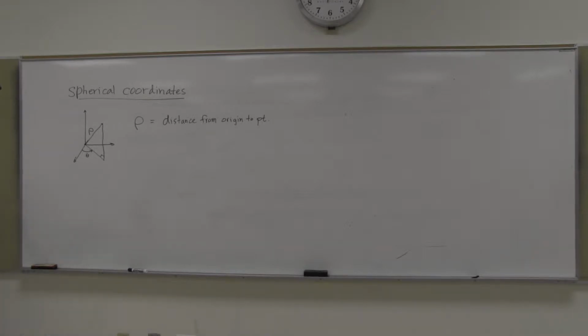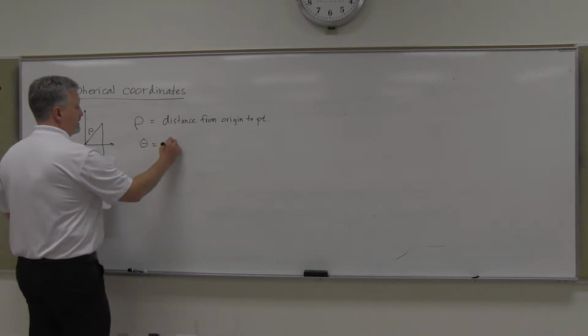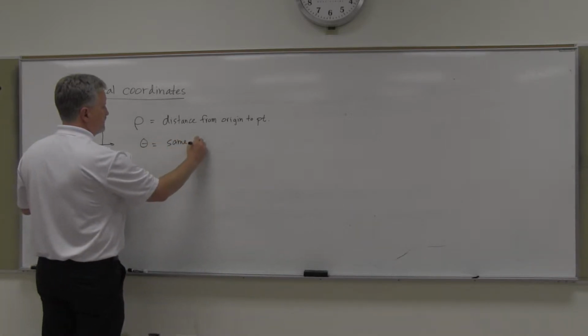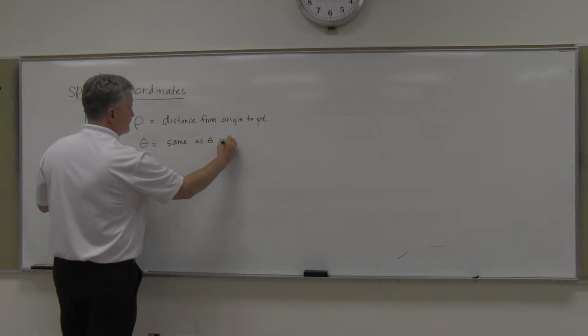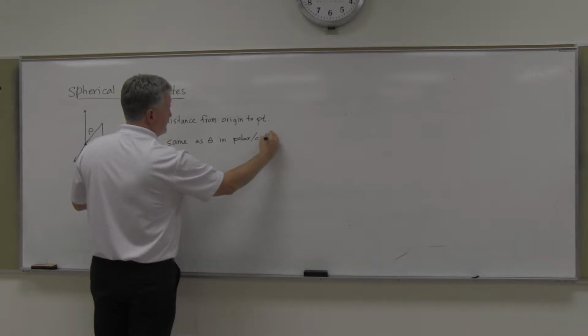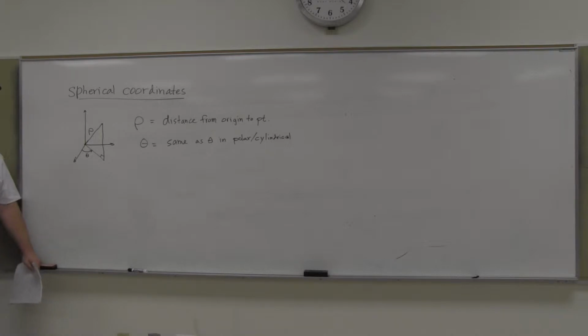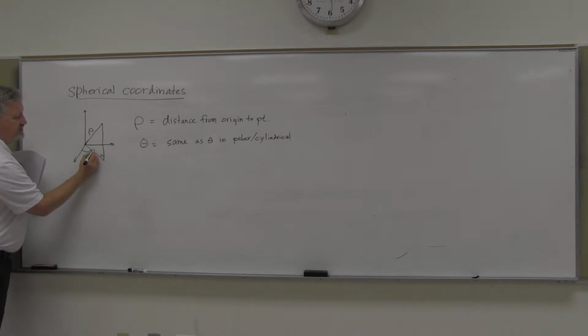Okay. Theta, like I said, is the same angle as theta in polar and cylindrical. So it's the angle from the positive x-axis to, and we can still reference this line here, call it line R, which is in polar.